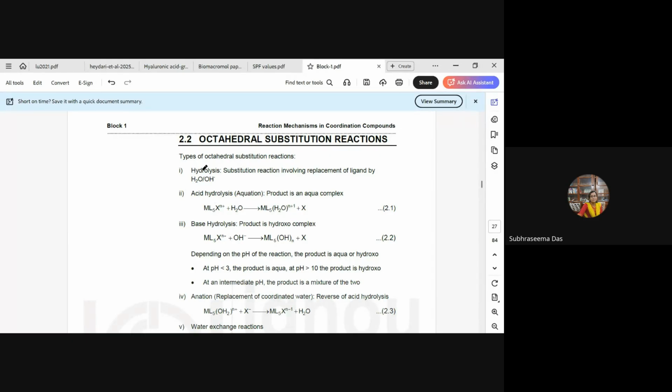So first is hydrolysis. We know hydrolysis means there is an involvement of H2O or OH. Substitution by particularly a water molecule or OH minus is hydrolysis. Acid hydrolysis means the product is an aqua complex. We call this process aquation, that is the addition of an H2O to the existing complex.